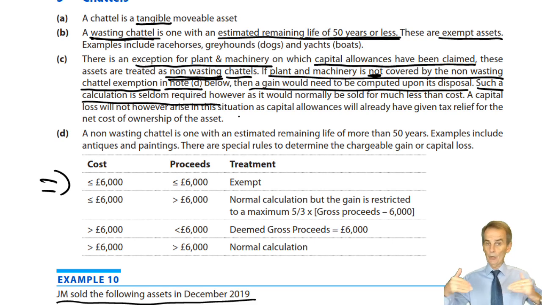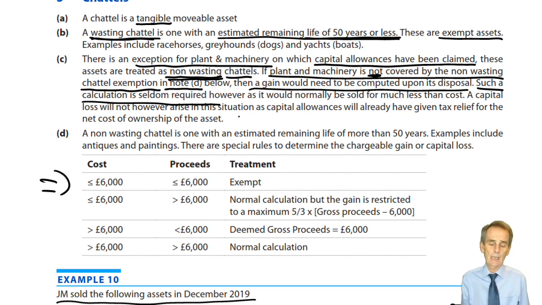If we are looking at numbers on individual items that exceed £6,000, then if sold for more than cost, there would be a capital gain, but incredibly unlikely in real life. If, as is normal, we simply sell for less than cost, there is no capital loss to compute, and everything is dealt with, as you've seen already in Chapter 5, within the capital allowances computation.